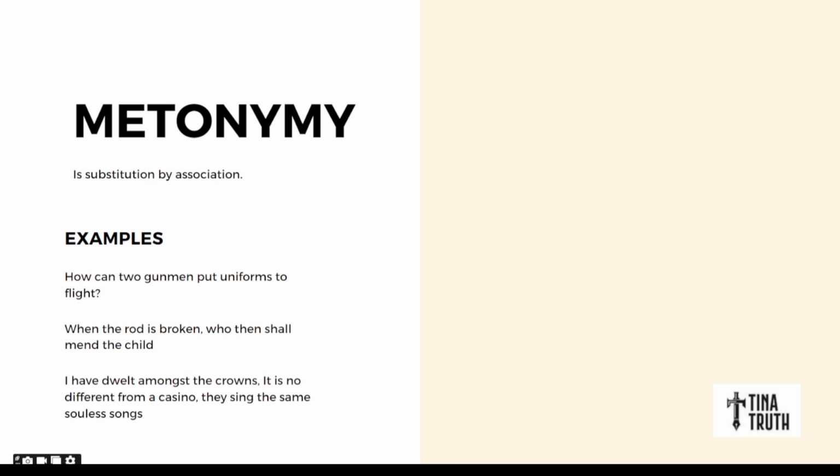You're smart. So metonymy is substitution by association. Now let's take a look at the examples that I put here. Number 1 is, how can 2 gunmen put uniforms to flight? You know, this also has a rhetorical question. The metonymy here is uniforms.